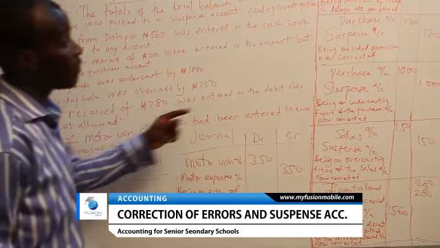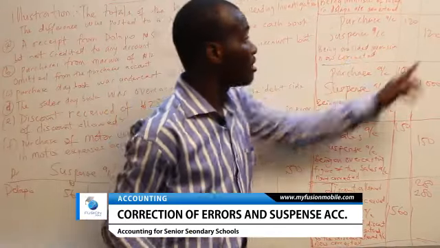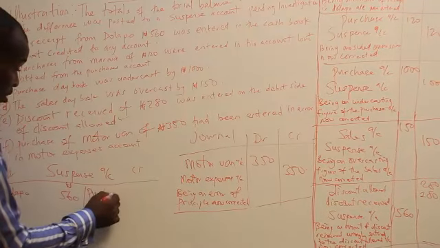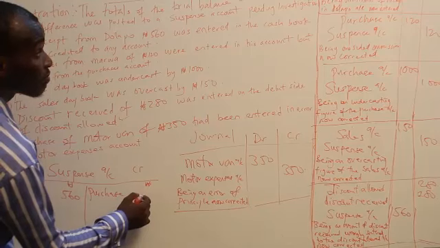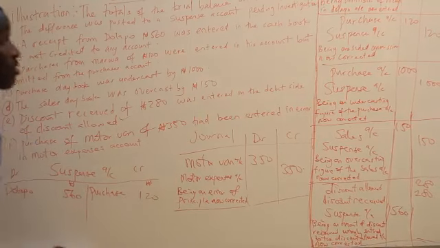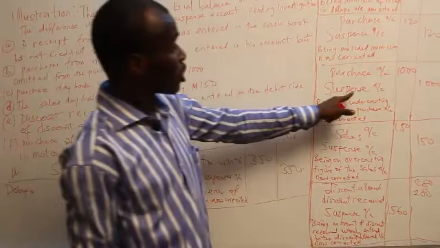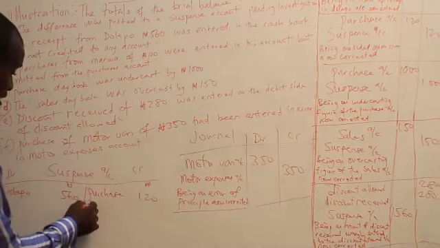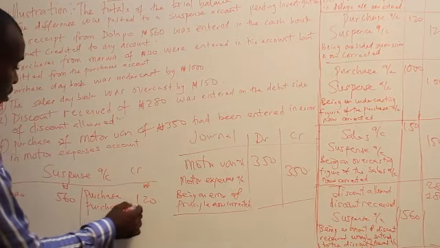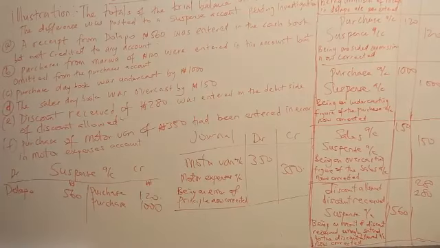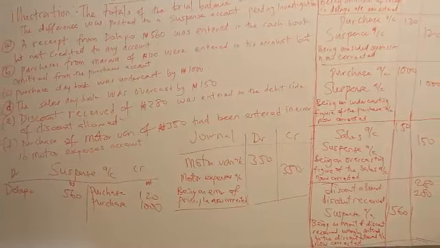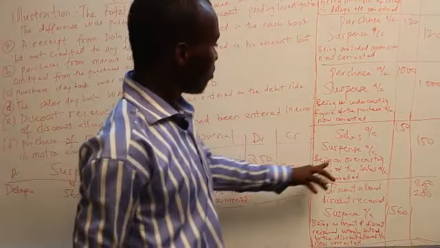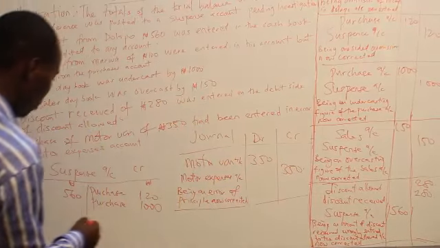Then the next one we have, suspense account should be credited. So we have purchase. Suspense account should be credited by 120. The corresponding account will be written. Suspense account also should be credited. So we are going to have purchase again, 1000. We also have suspense account should be credited by an amount of sales.